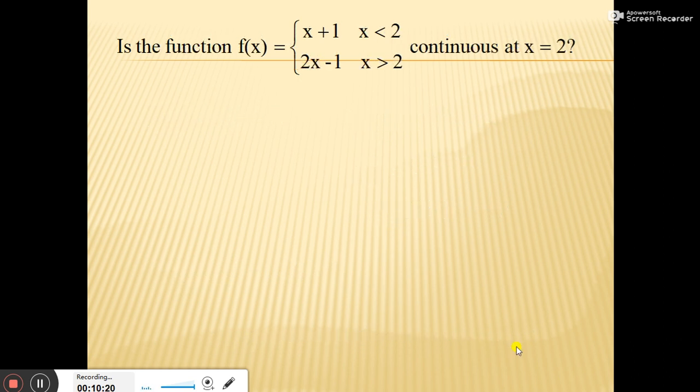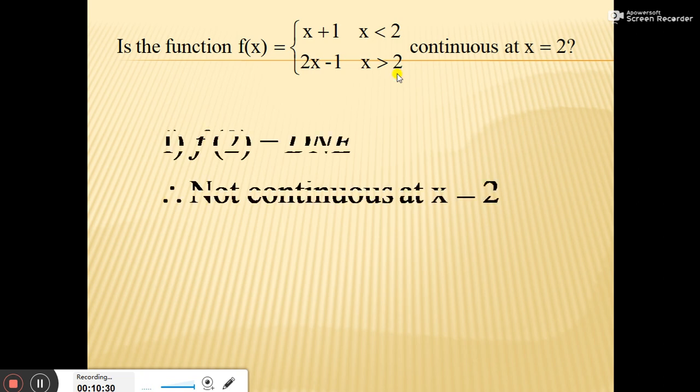And now see another example. If f(x) is equal to x plus 1 when x is less than 2, and 2x minus 1 when x is greater than 2, we cannot find f(2) because the equality sign is not there in f(x).